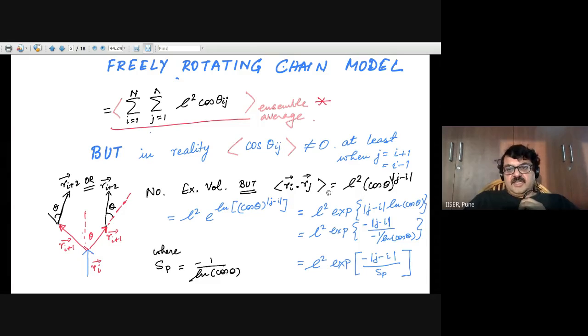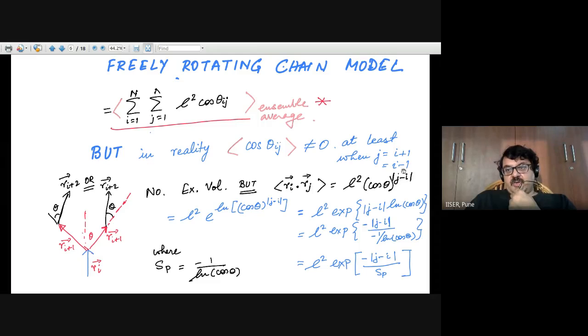So as a consequence, in the dot product, as j and I differ, L square will be cos theta to the power of modulus j minus I, right? The modulus sign, because j can be greater than I or less than I.